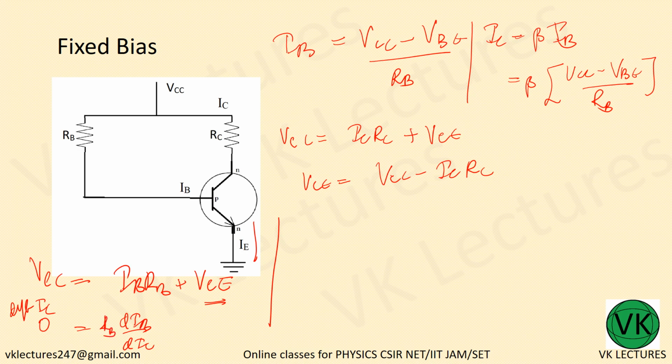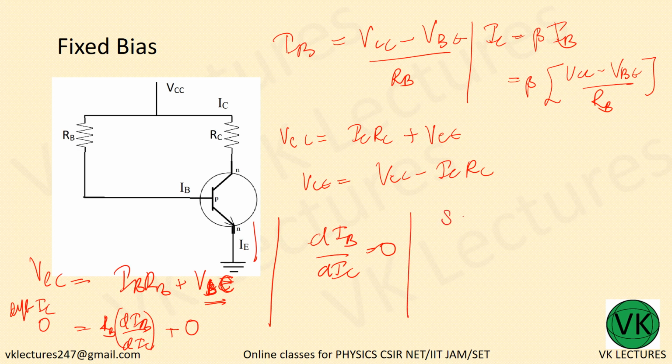RB is a constant, plus, sorry, this is not VCE, this is VB. IBRB plus VB. Okay, that quantity is 0. Now you can write this, what is DIB by DIC plus 0. This means DIB by DIC is equal to 0. So you got this one.